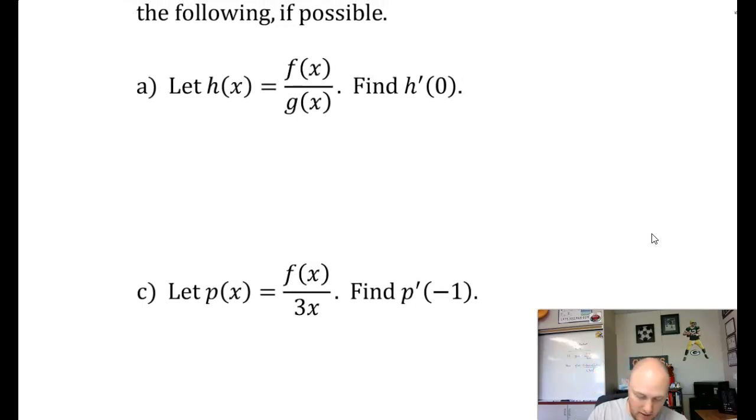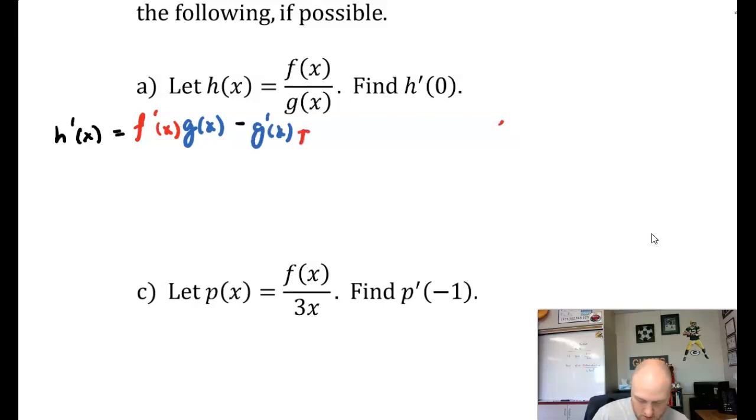Find h prime of 0. So h prime of x is equal to f prime times g minus g prime times f, divided by g of x squared.